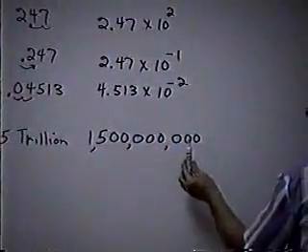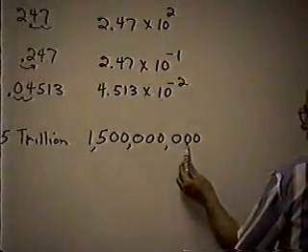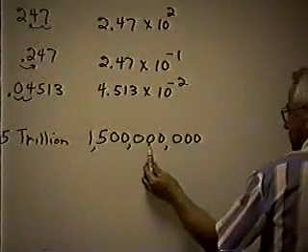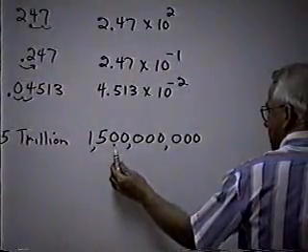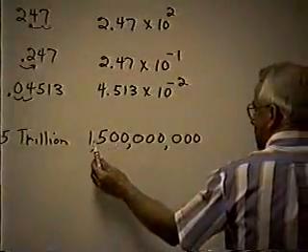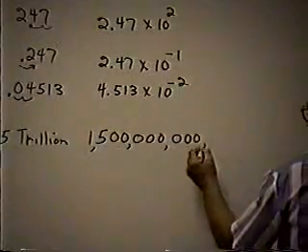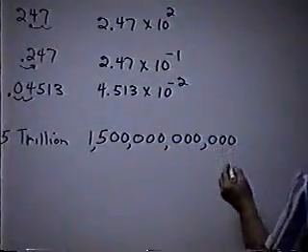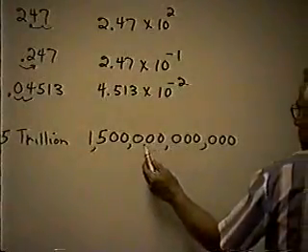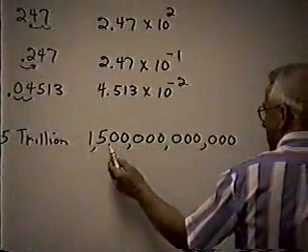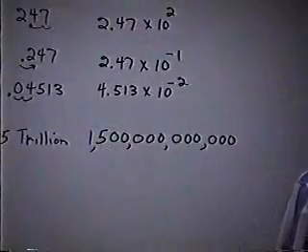Let's see what we have so far. This may be it, may not. There's thousands. What comes next? Millions. What comes? Oops. Hey, we still need some more zeros. So here's hundreds, thousands, millions, billions. Finally got trillions.